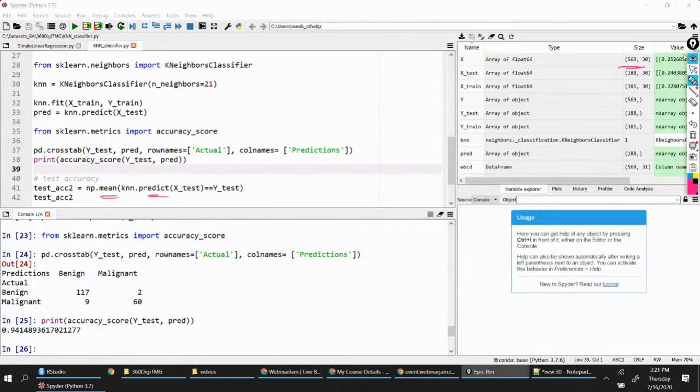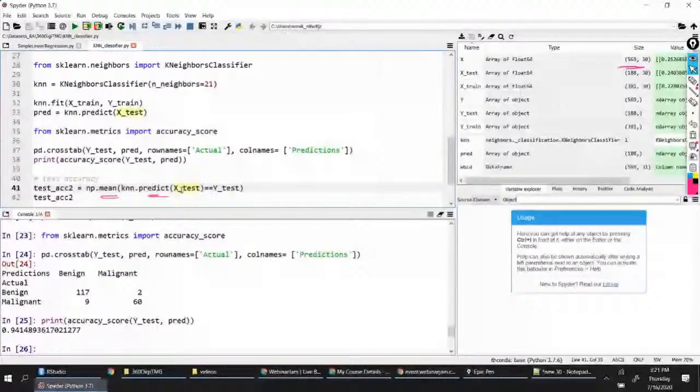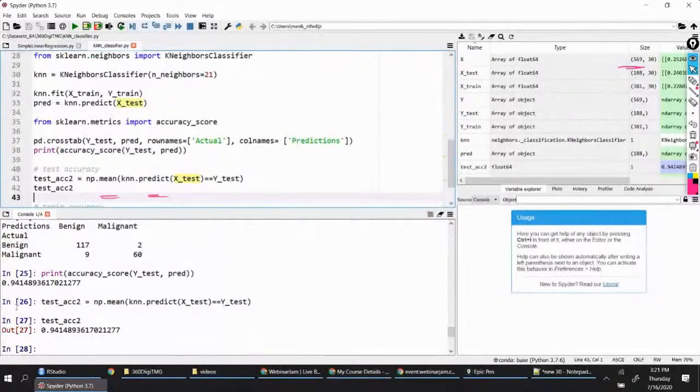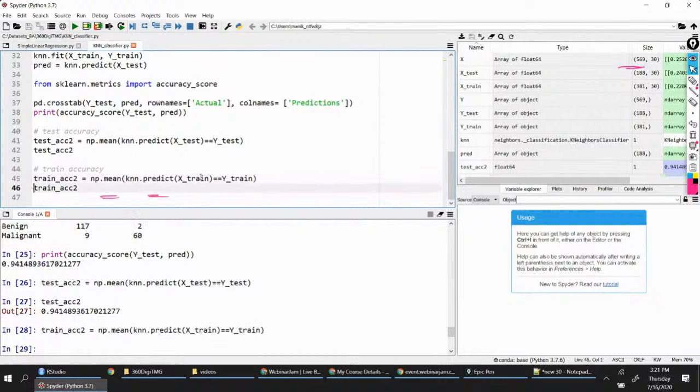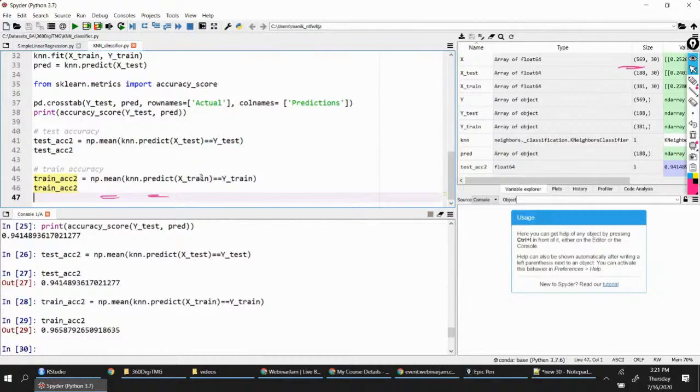Okay, this is still test data. This is another way to measure accuracy. Same result, okay? It's just another way. And we are applying the same thing for training data. So you predict by passing training data and see what the accuracy is. And that accuracy is this.